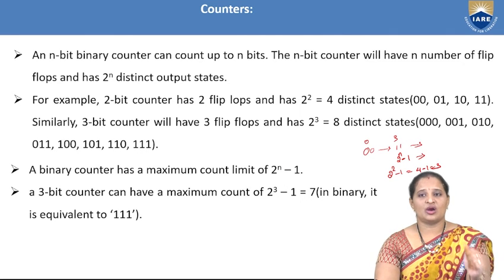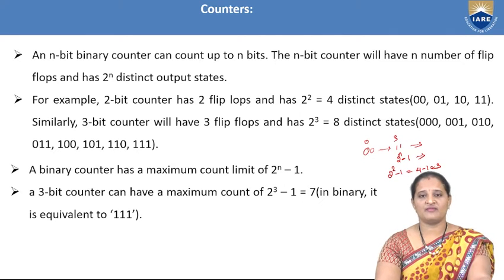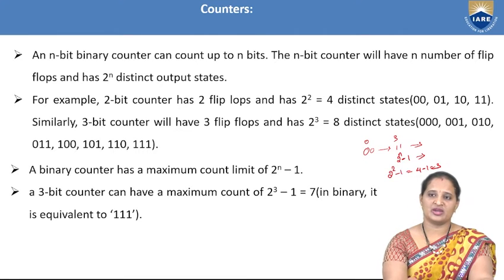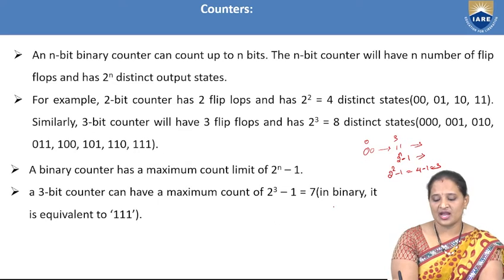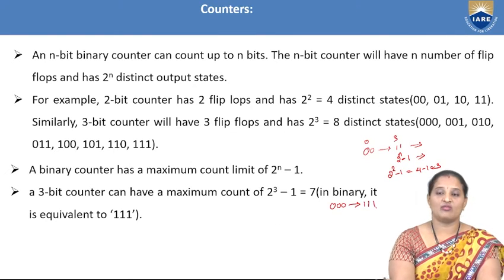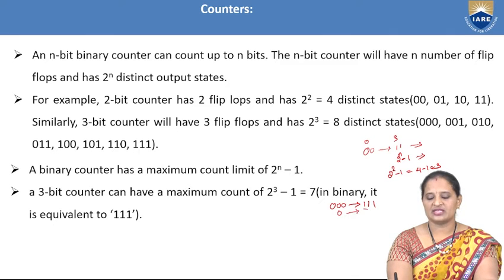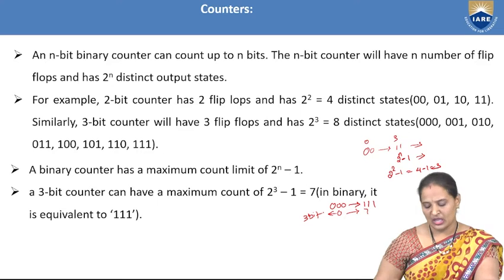In the same fashion, a 3-bit counter has a maximum count of 2 power 3 minus 1, which is 7. That means the counting goes from 000 to 111, that is 0 to 7, for a 3-bit binary counter.